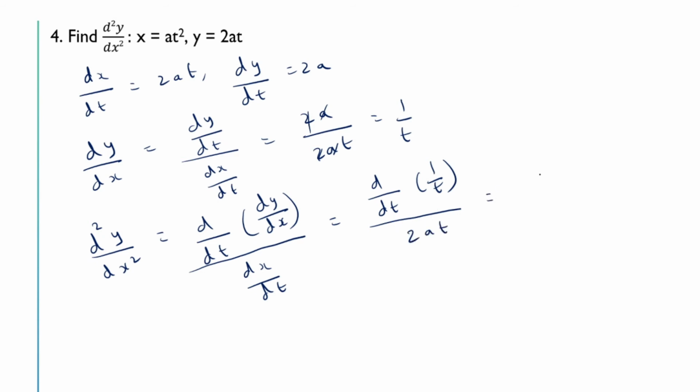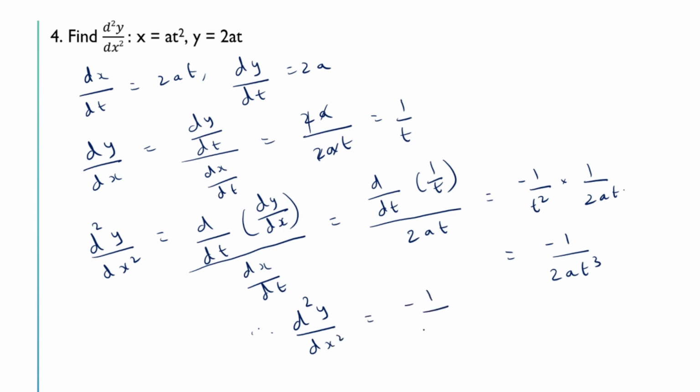So the derivative of 1 by t is minus 1 by t square into 1 by 2at. So it is equal to minus 1 by 2at cube. Therefore, d square y by dx square is equal to minus 1 by 2at cube.